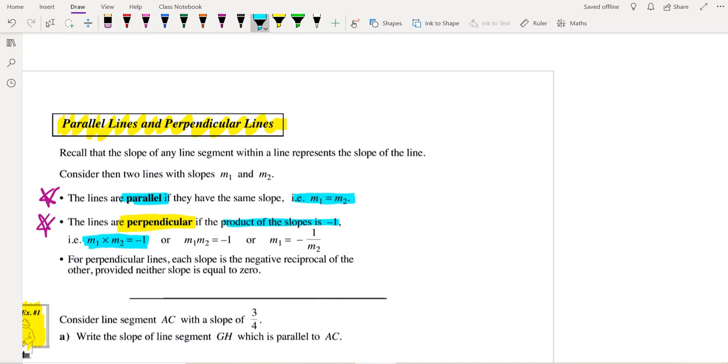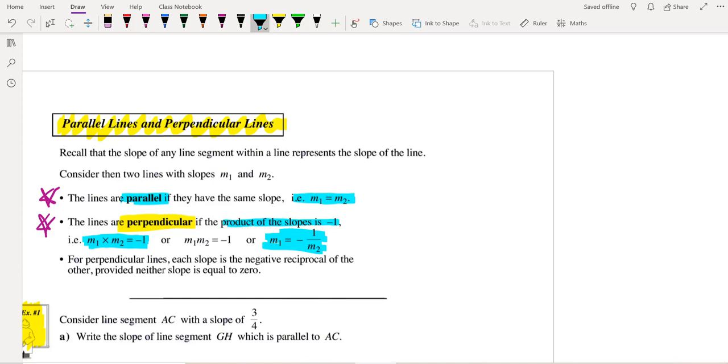Another way we can think of it is that the slope of one line is equal to -1 over the slope of the second line, if you're perpendicular.